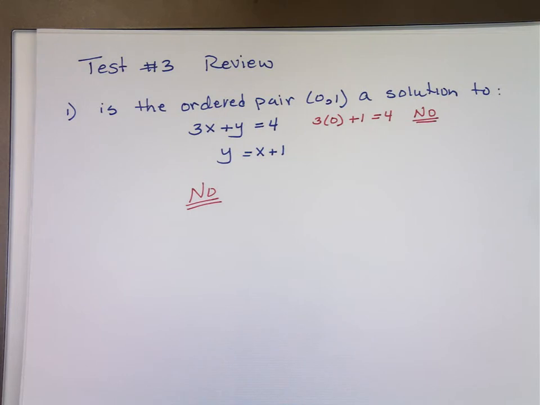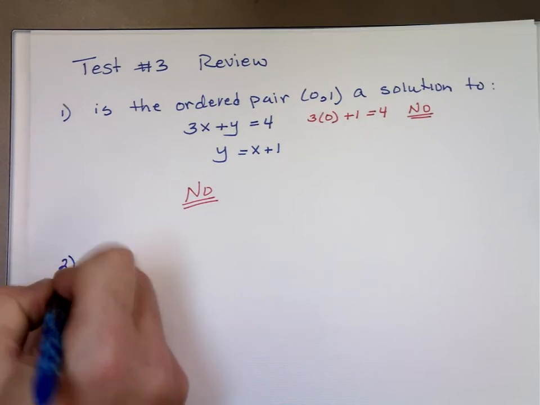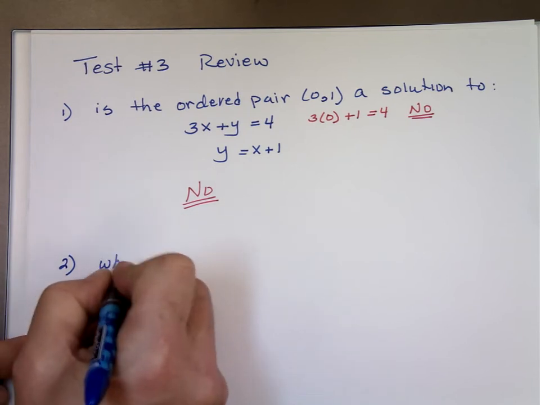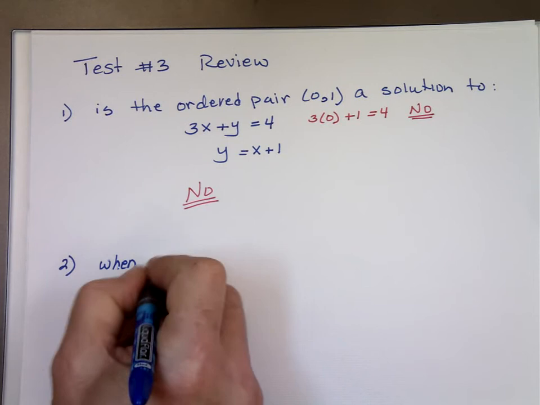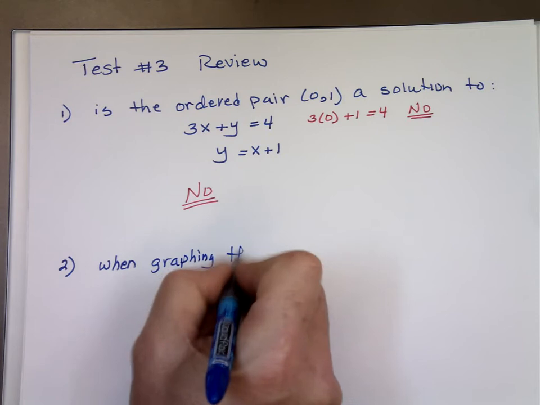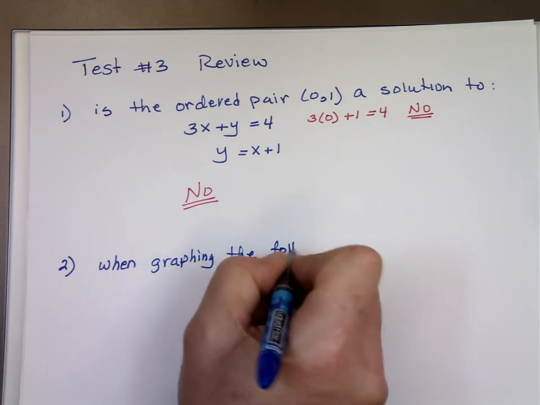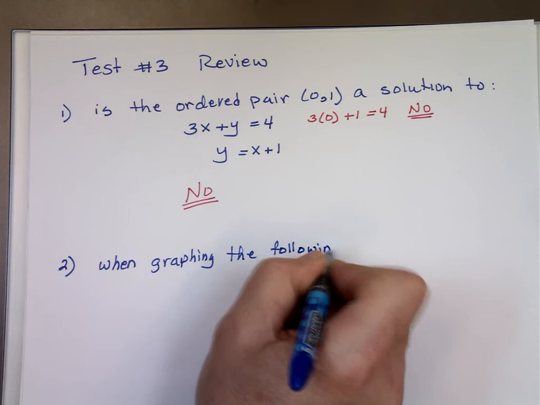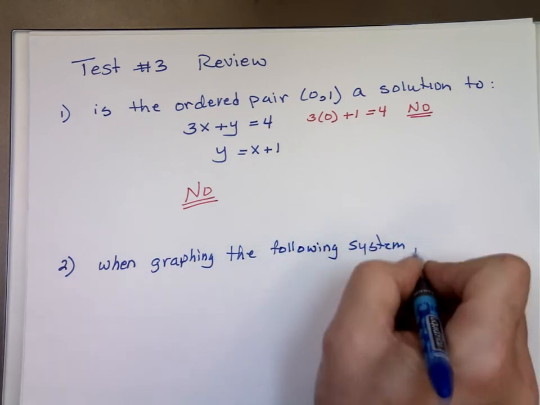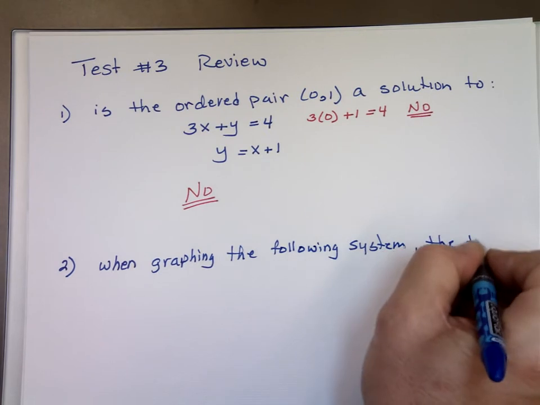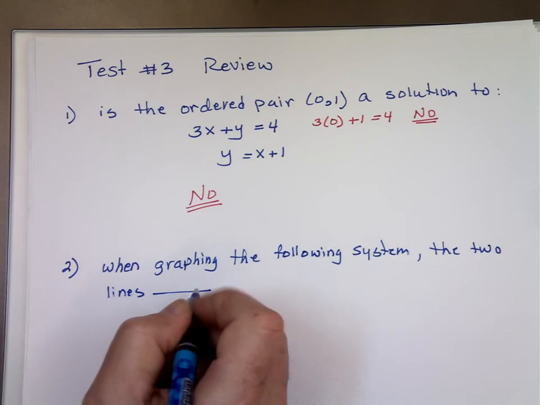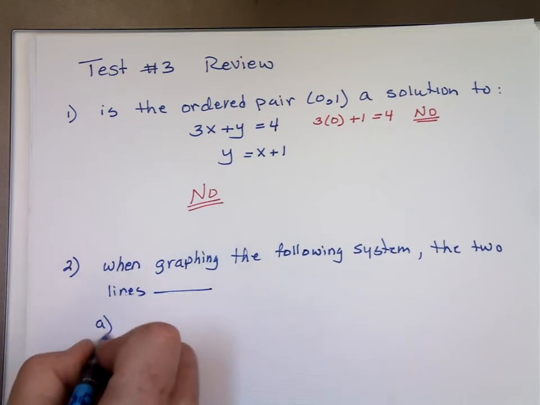Question number 2. When graphing the following system, the two lines are blank. Option 1, A, parallel.